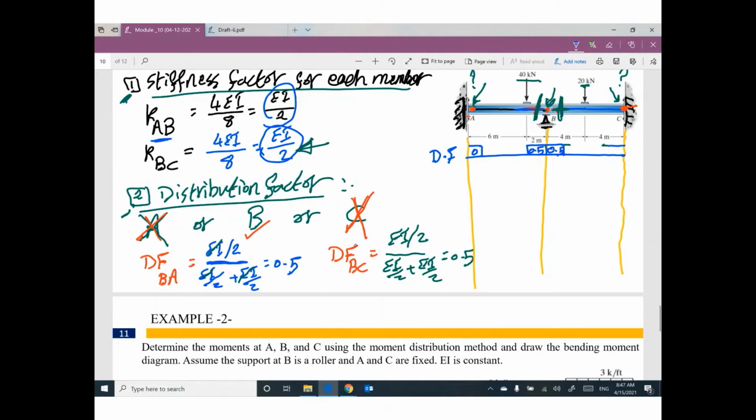Do you have distribution factor here? No, 0. This is what I said here. At point A or joint A, we don't have distribution factor. At C, we don't have distribution factor. But at B, we have distribution factor. This side, BA. This side, BC. 0.5, 0.5.